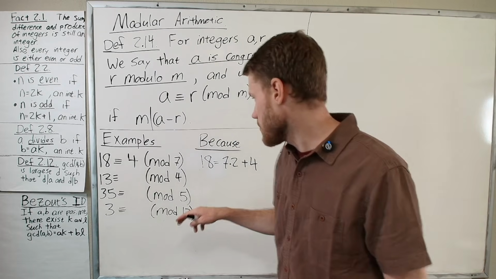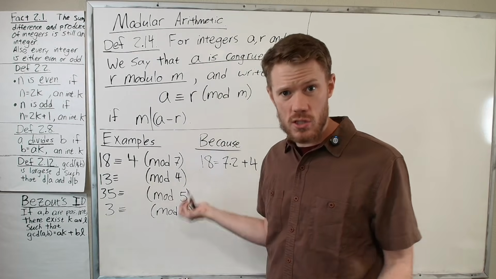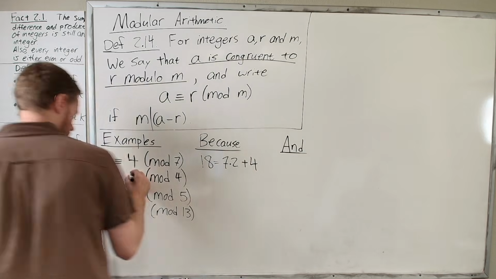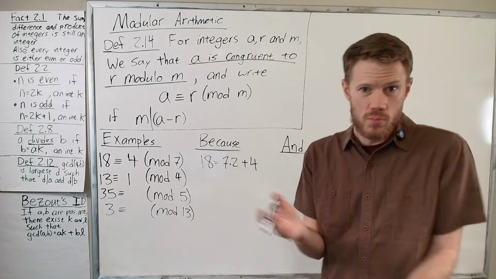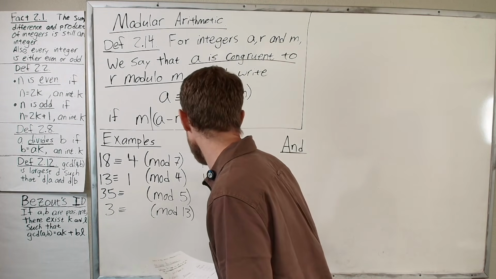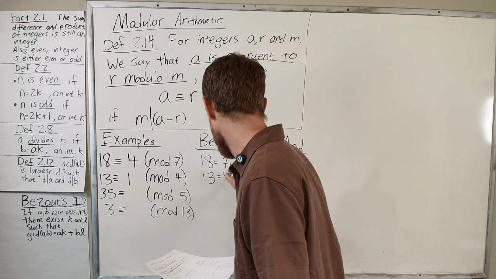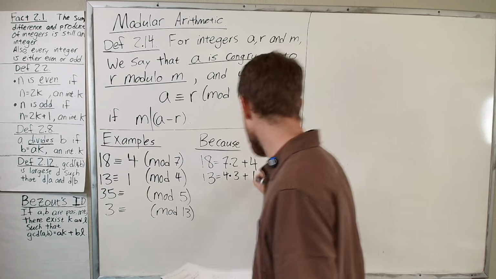Okay, so similarly, if you take 13 and divide by 4 now, what's the remainder? 1, right? It goes into 12 evenly, so with 13, there's 1 left over. So one way to write that is 13 is equal to 4 times 3 plus the remainder of 1.